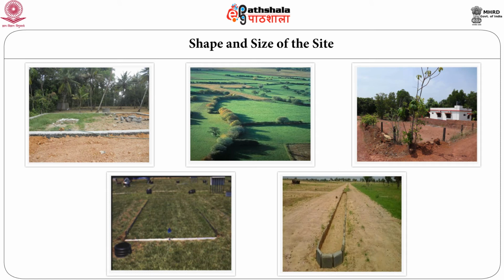For all practical purposes, the site should be of a regular, rectangular or square shape. This would facilitate effective planning of the house, as most houses are either rectangular or square. As per Vastu also, irregular shaped sites are to be avoided.